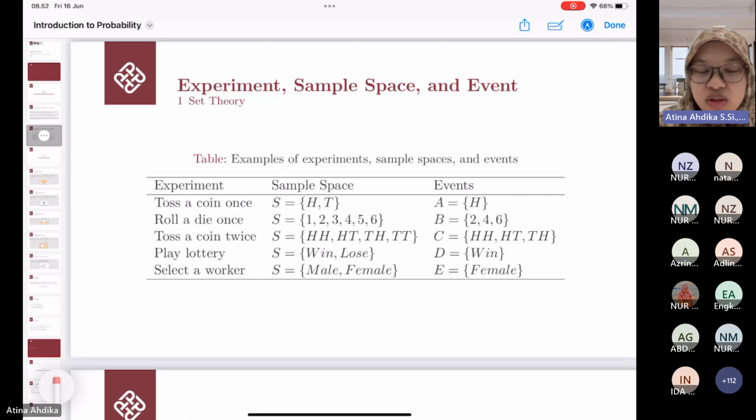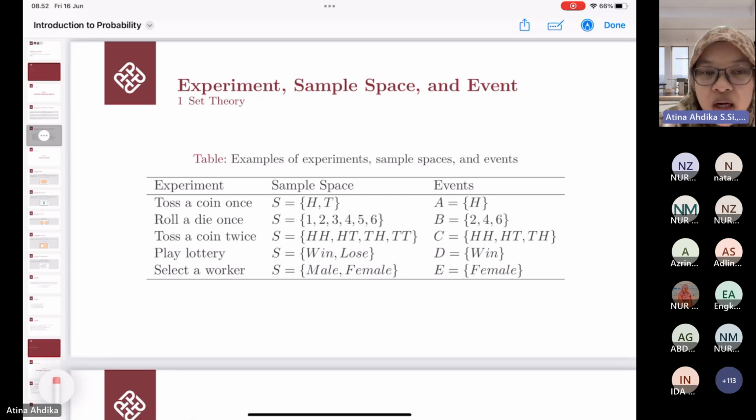And then we can also define the event, just like maybe a head appearing from tossing a coin once. So we can write the event A as consisting of H, or head. The other example of an experiment is rolling a die once.